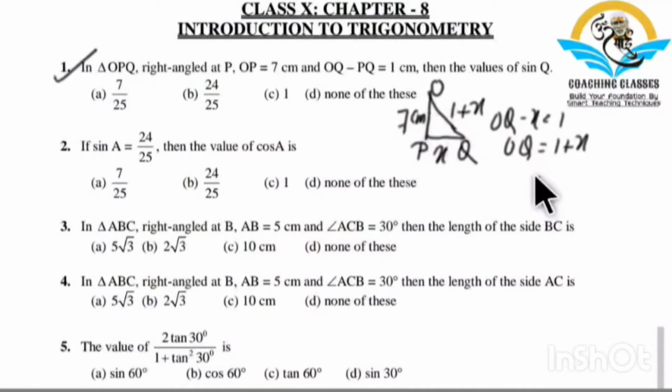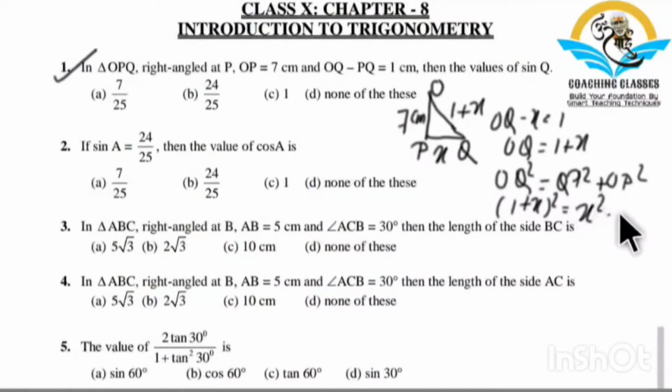For that you apply here Pythagoras theorem, that is hypotenuse square equal to base square plus perpendicular square, that is OQ square equal to QP square plus OP square. Put the value. OQ is 1 plus X, PQ is X and OP is 7.